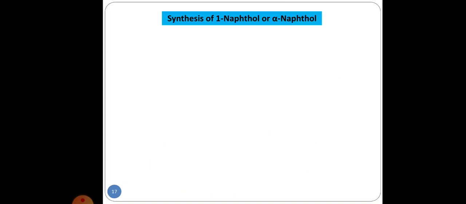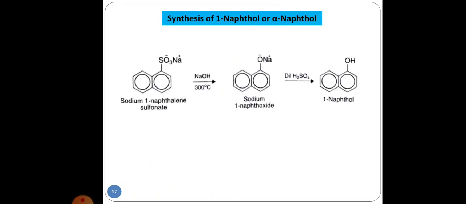Here we will see the synthesis of 1-naphthol or alpha-naphthol. So here 1-naphthol can be synthesized using the starting material sodium 1-naphthalene sulfonate.